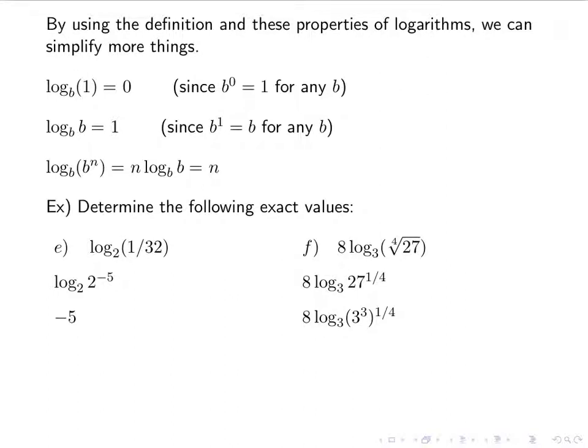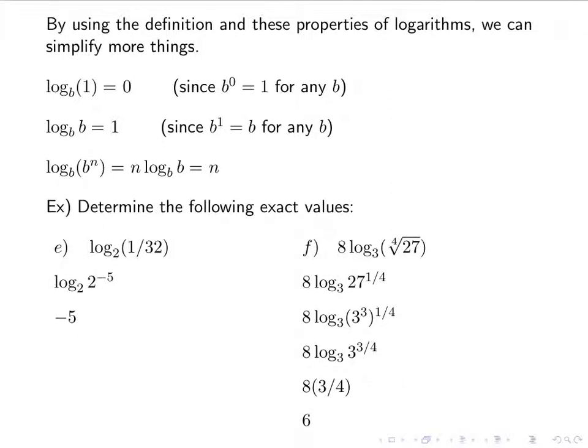So I have 8 times log base 3 of 3 cubed to the 1/4. I've got something to a power to a power. So if you remember rules of exponents, I multiply these two numbers together, and I get 8 times log base 3 of 3 to the 3/4. Log base 3 of 3 to a power is that power. So I have 8 times 3/4, which is just 6.